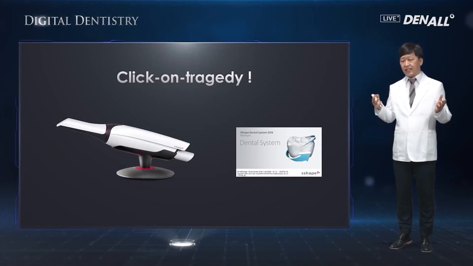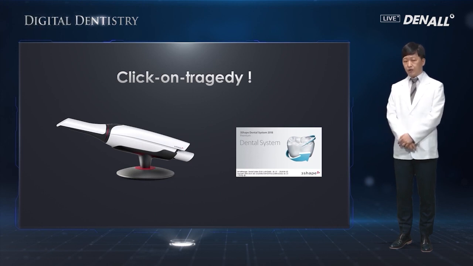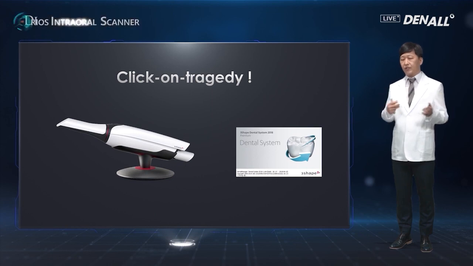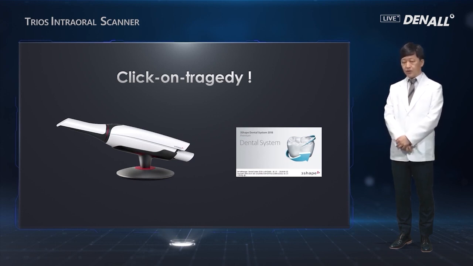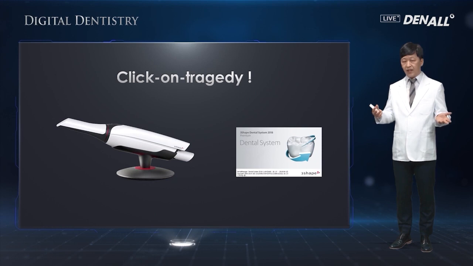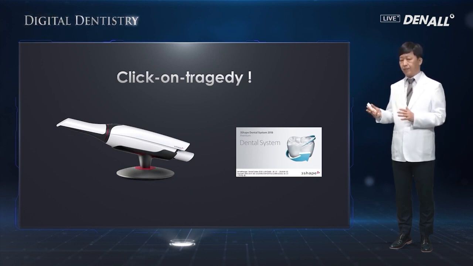The biggest advantage of Trios, the dental system program, is that there is no click on tragedy. With the scanners I used to use, when I do the scanning, some problems occur and the computer crashes and the data is gone. You cannot recover it, but with the Trios, during scanning, when the program or computer crashes, the data is still saved, so you can recover the data.